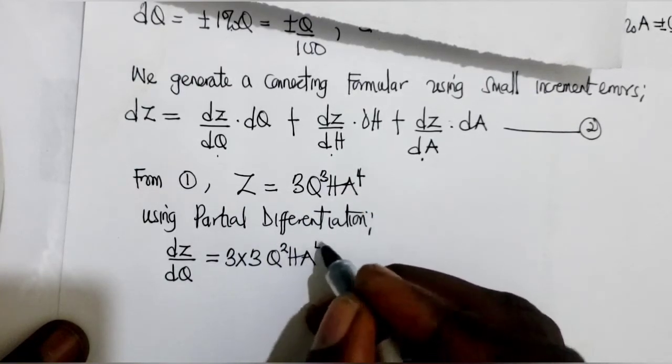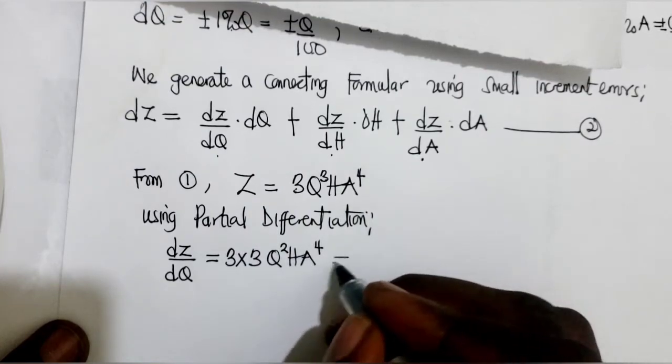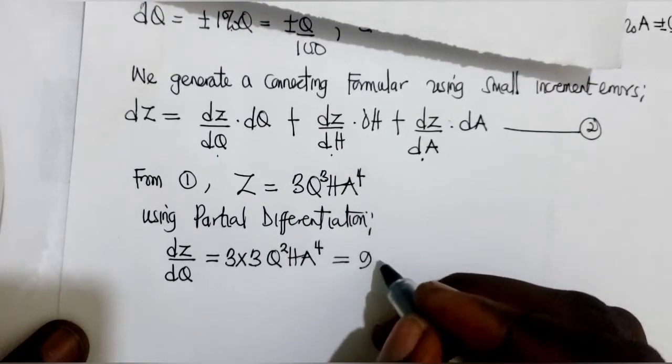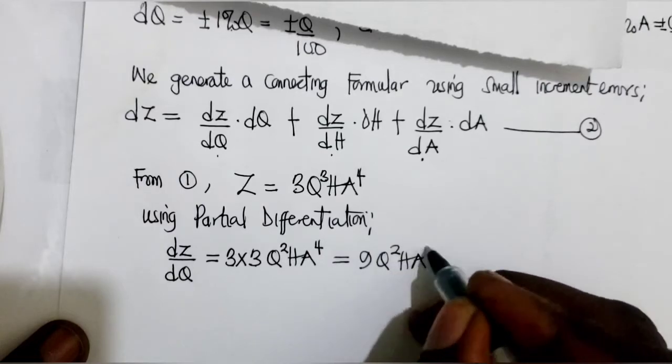Then you write back your other variables, which we assume constant. So 3 times 3 gives me 9Q squared HA raised to power 4.